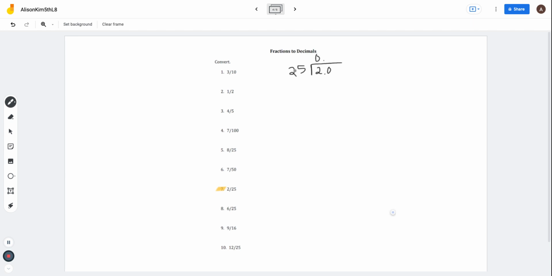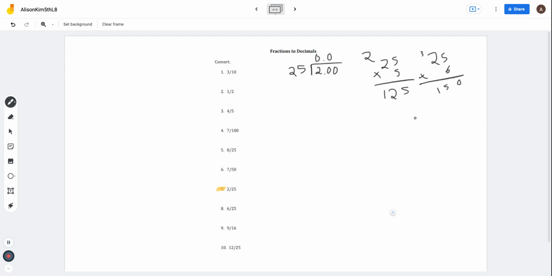Now, 25 cannot go into 20, so we put another 0 on top and another 0 right here. And then 25 can go into 200, right? Let's try 25 times 5, which is 125. Let's go a little bit higher. 25 times 6 gives us 150.